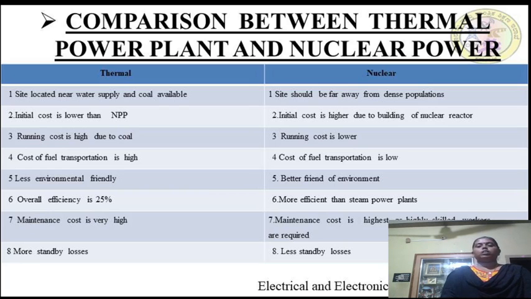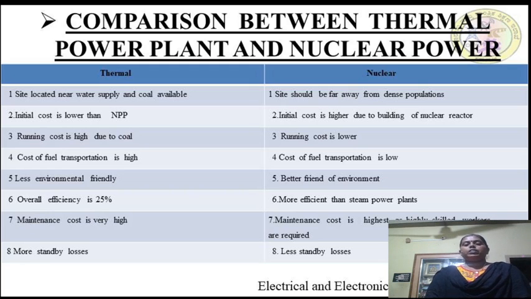Next we move on to the topic comparison between the thermal power plant and nuclear power plant. Since both are generating the electricity by the boiling water method, the comparison between these two is very much important, either cost wise or fuel wise.